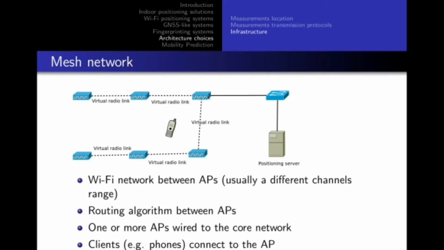One or a small number of access points are connected to the wired network, and then you have other access points which are only connected through virtual radio links going back to one of the roots which are connected to the wired network, and you build this spanning tree of virtual radio links through a dedicated protocol, and your phones connect either to a root access point or one of the mesh network, and it's transparent from the device point of view.